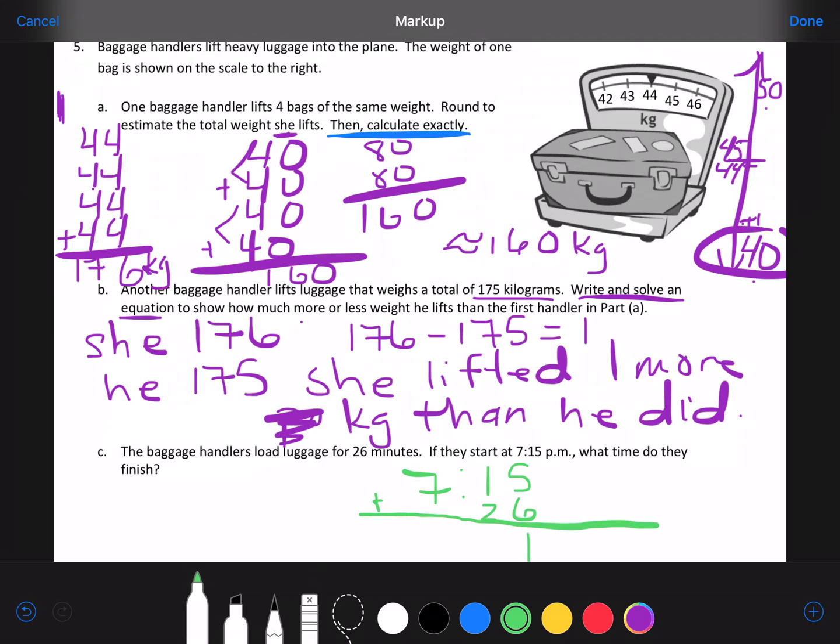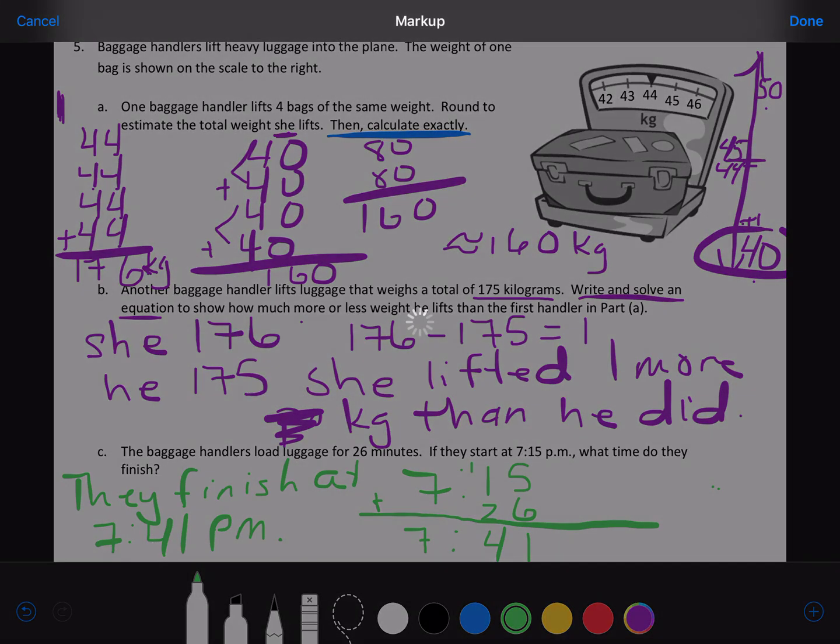So 5 plus 6 is 11, and we carry that up there. 2 plus 2 is 4, and it's still 7 o'clock. They finish at 7:41 p.m. Really important that you write the p.m. because again, in 4th grade, they're going to start making it more difficult and you might actually finish in the a.m. instead of p.m.